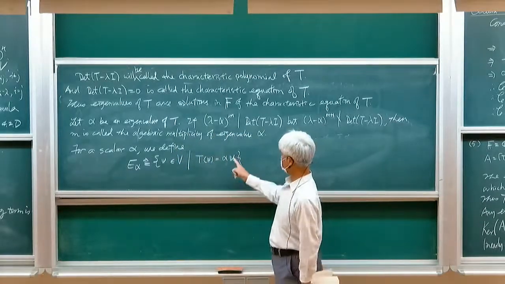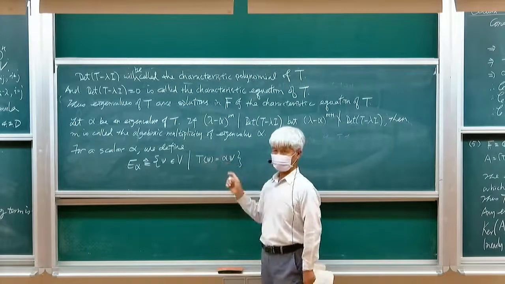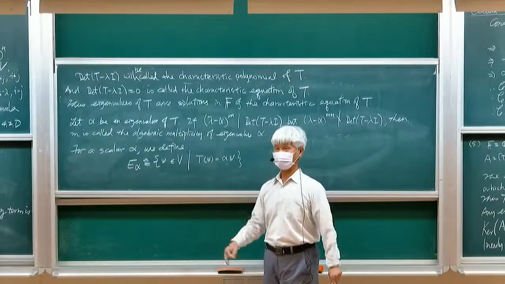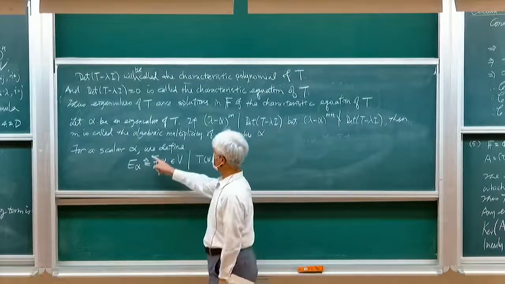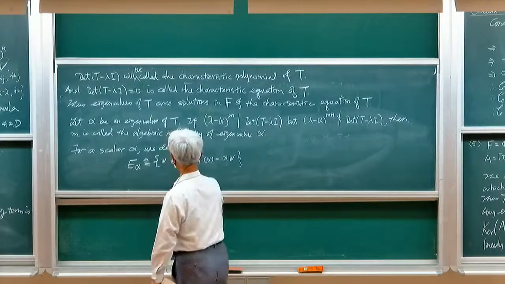And as you know, if alpha is not an eigenvalue, then we will not have any eigenvector. Otherwise, it is an eigenvalue already. So alpha is an arbitrary scalar, and E alpha is the set.